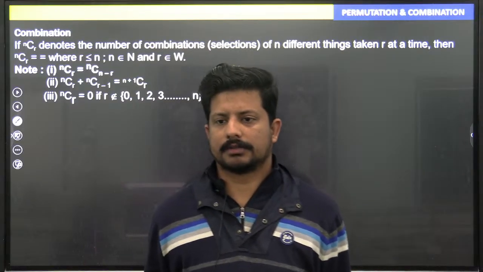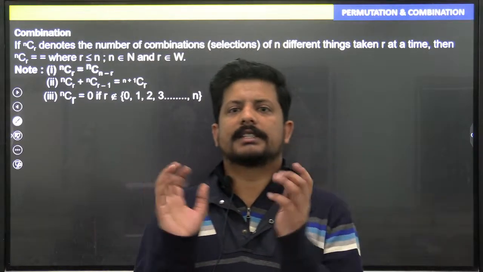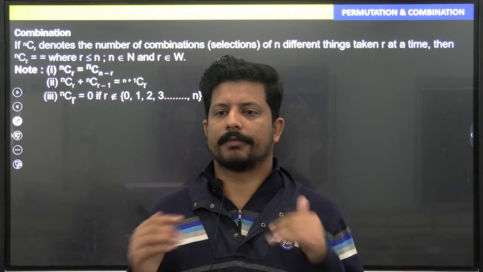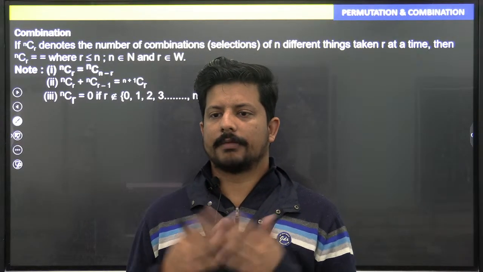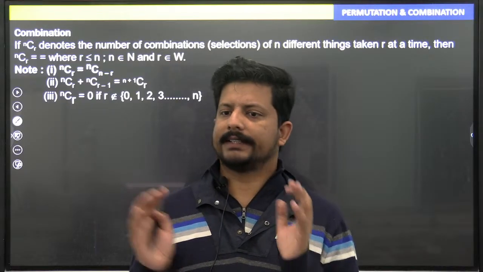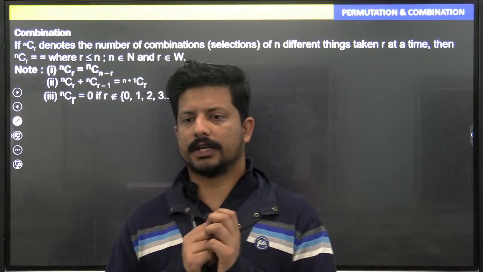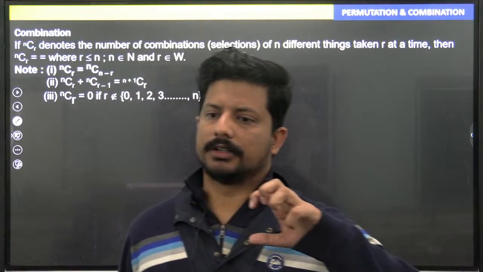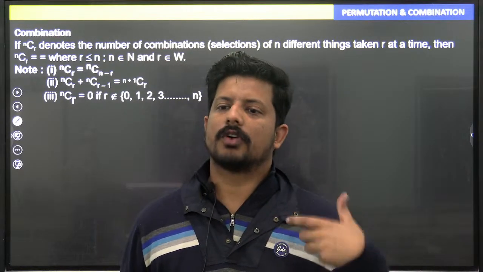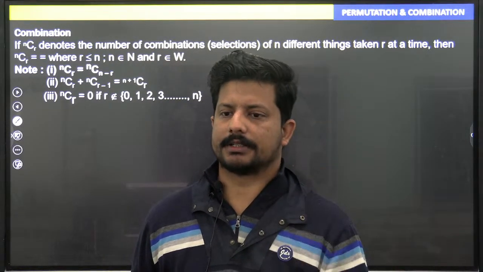So they are just selecting, not arranging by potential or preference about who is first priority. When we are selecting, not seeing order, that is called combination.